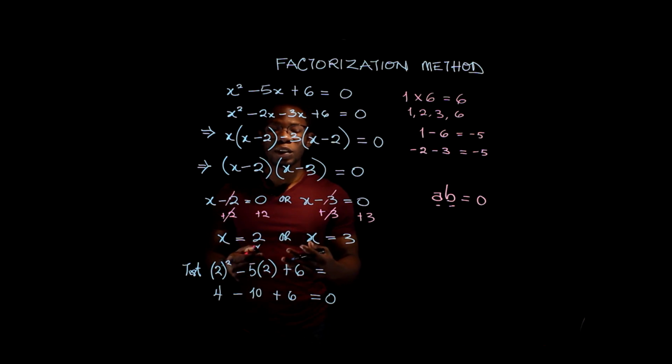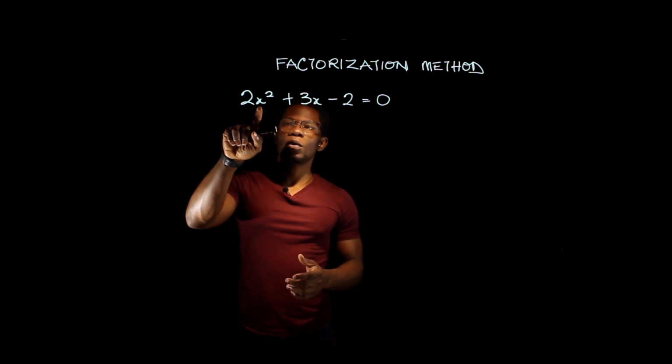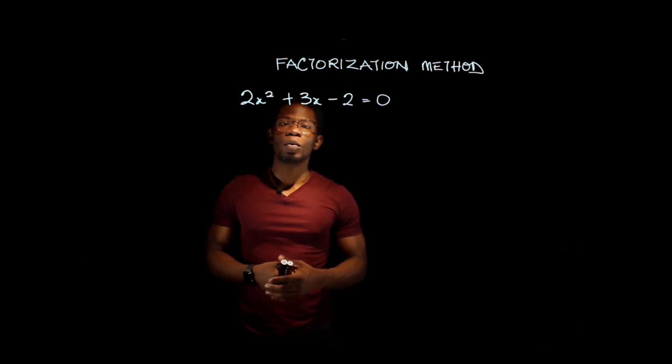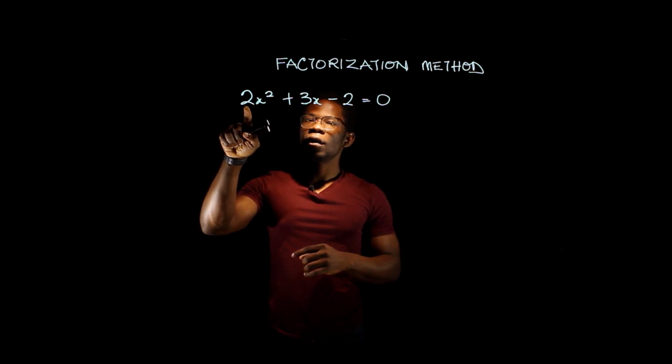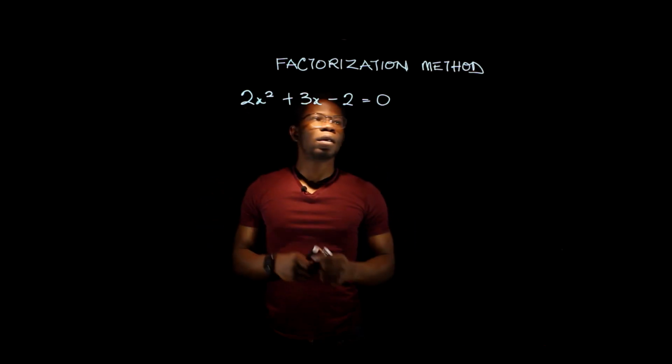Now let's try another example using the factorization method as well. So this is another example. And in this case, the coefficient of x squared is not equal to 1. But we do the exact same thing that we did before, which is the first thing we do is multiply the coefficient of the x squared component by the constant term here.